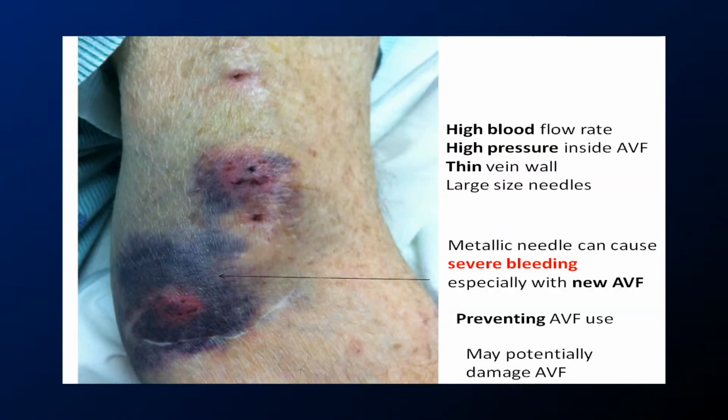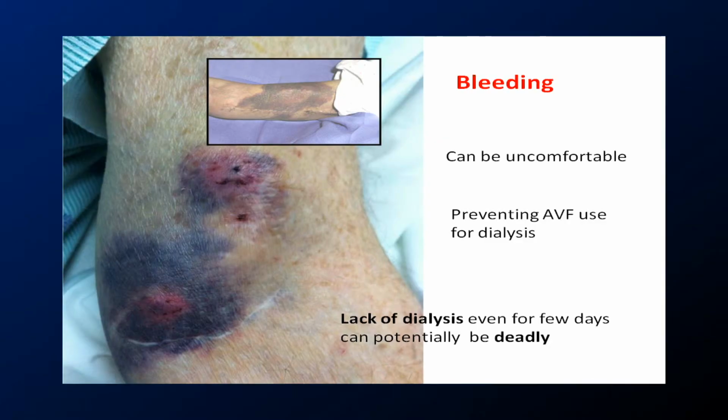And here's an example of severe bleeding, especially with a new fistula. It can be catastrophic for the patients because if it's infiltrated, we cannot use it. And it can also damage the fistula. The bleeding, furthermore, can be very painful to the patients.